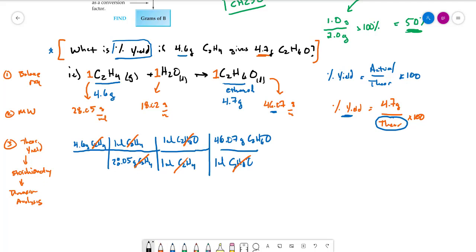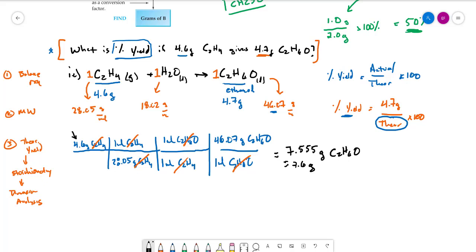So you can pause the video or not. You can watch this. What you get if you compute this is 7.55 grams of C2H6O. And if we're keeping track of units and sig figs, we're limited by the 2 sig figs here. So we'd probably call that 7.6 grams.